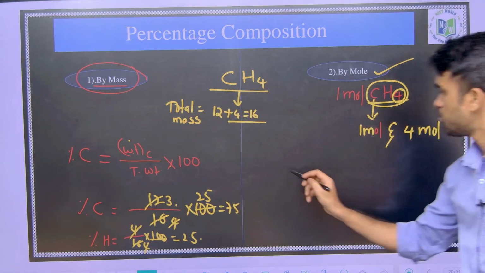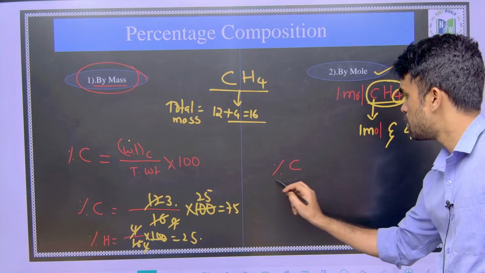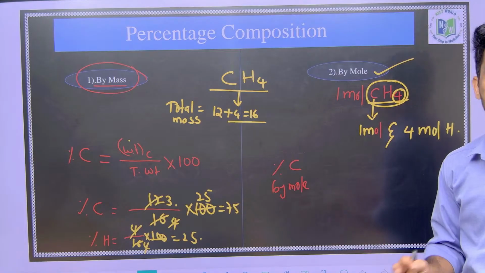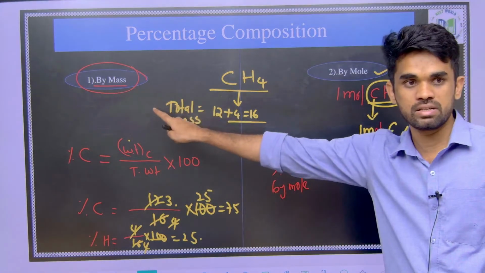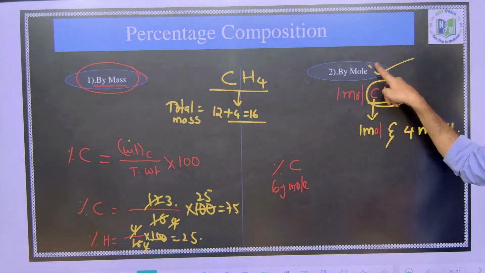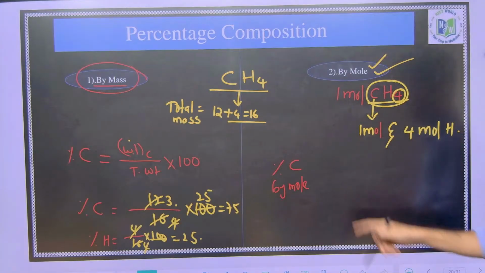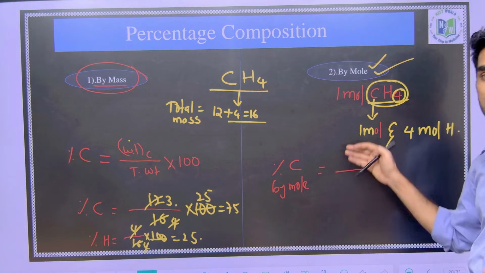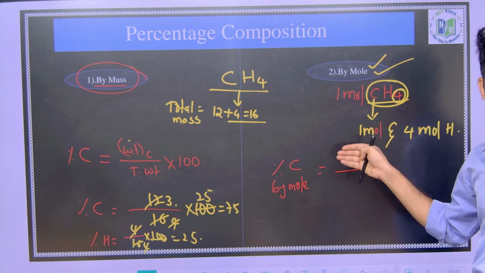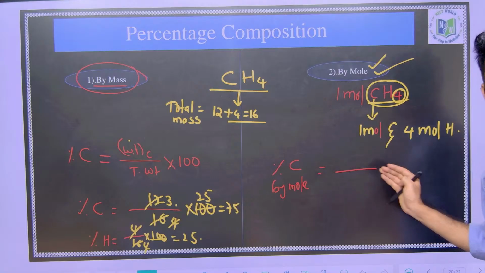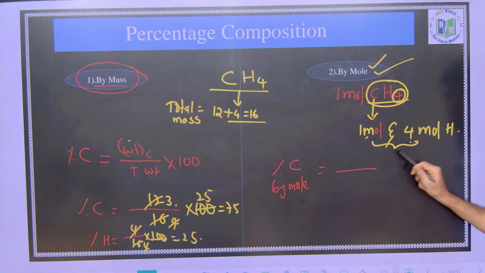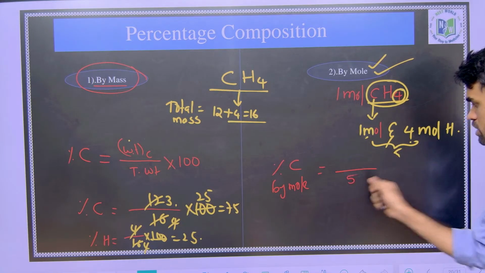Now check the percentage of carbon by mole. If the question does not say by mass or by mole, you consider it as by mass. If the question particularly says mole percentage, you do it like this. Percentage of carbon by mole equals moles of carbon by total moles into 100. Total moles are 1 plus 4, that is 5 moles, so the denominator should be 5.